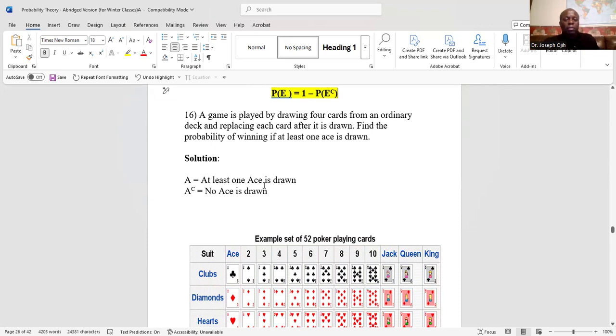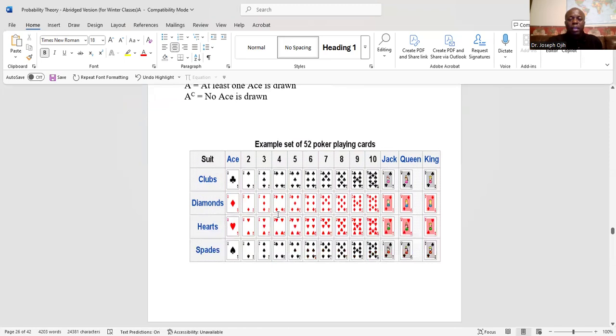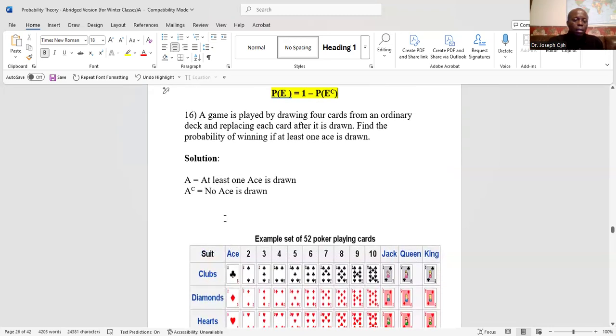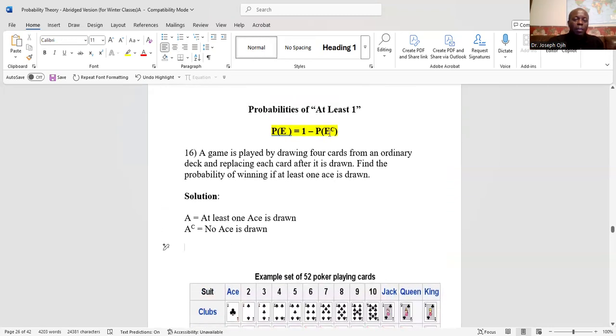Then A complement is no ace is drawn. There are 52 cards, out of which we have 4 aces. You get the complement, that means the opposite of winning, that is losing, then subtract it from 1 to get at least 1.